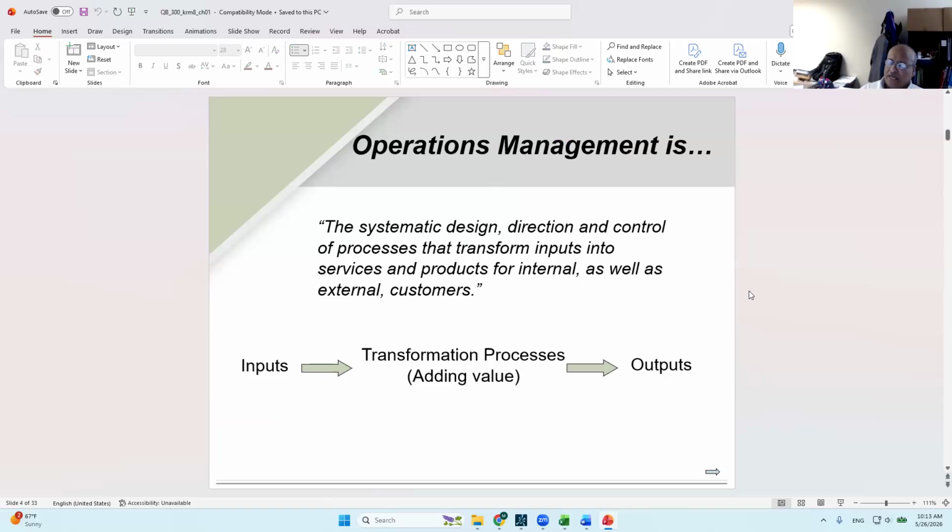Now, what is operations management? In short, think about any company. Think about FedEx. Think about banks. Think about, say, in the AI space, what is the most talked about company? NVIDIA, right?